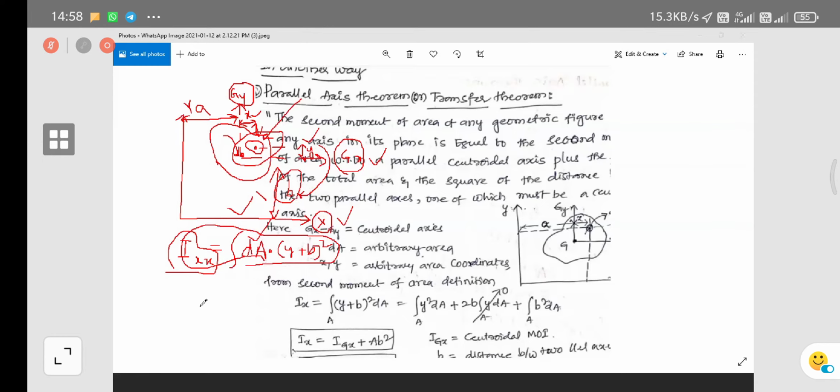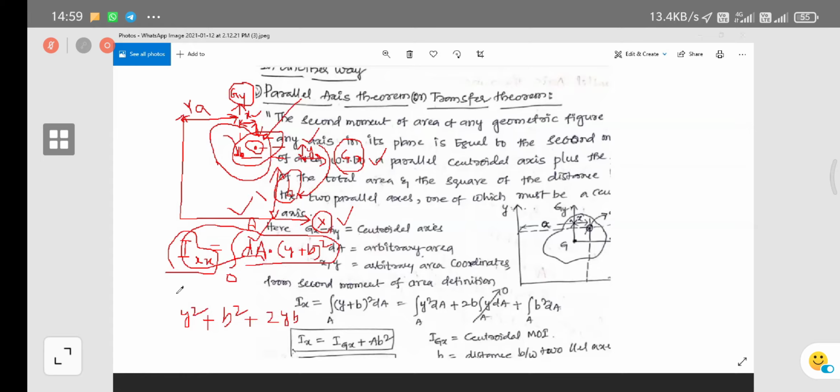If you integrate it between the limits 0 to A, (y plus b) whole square into dA, first you have to expand it. So (y plus b) whole square means y square plus b square plus 2yb.